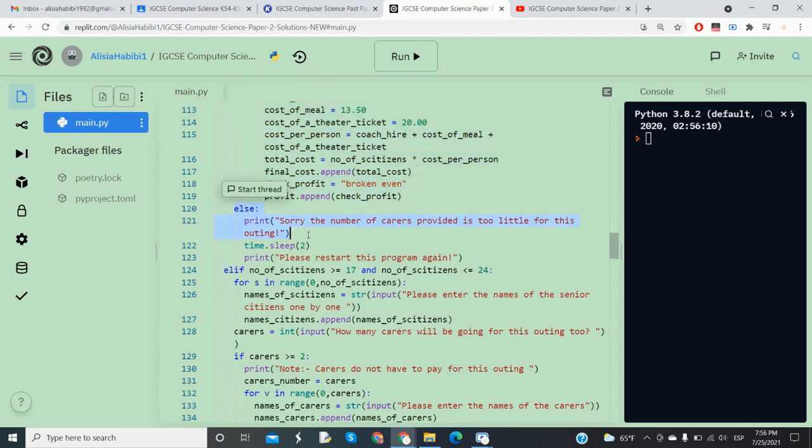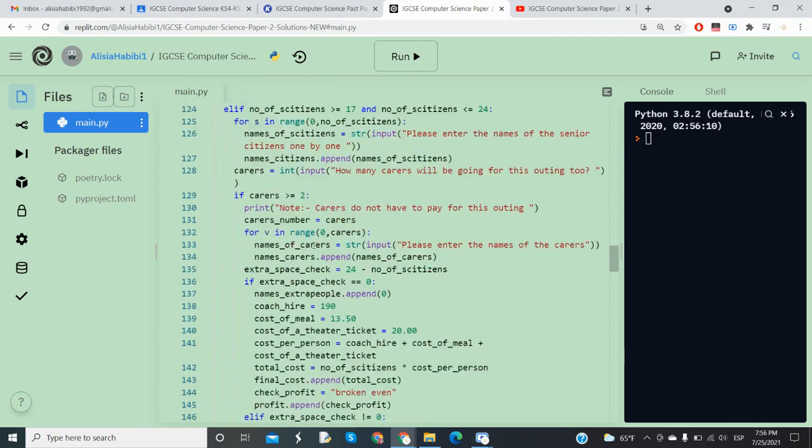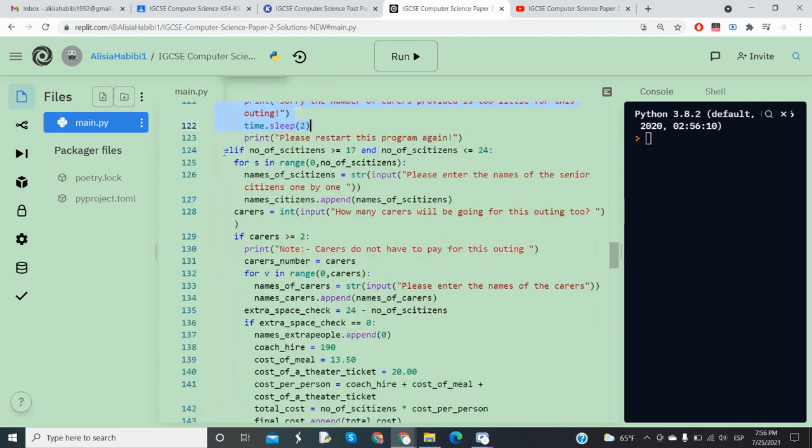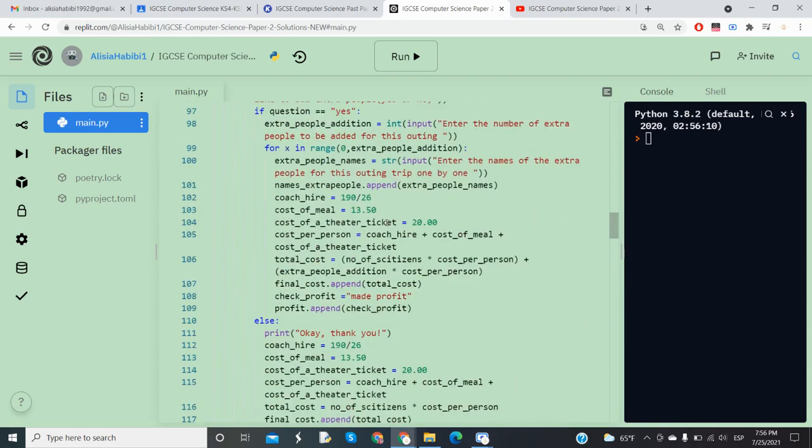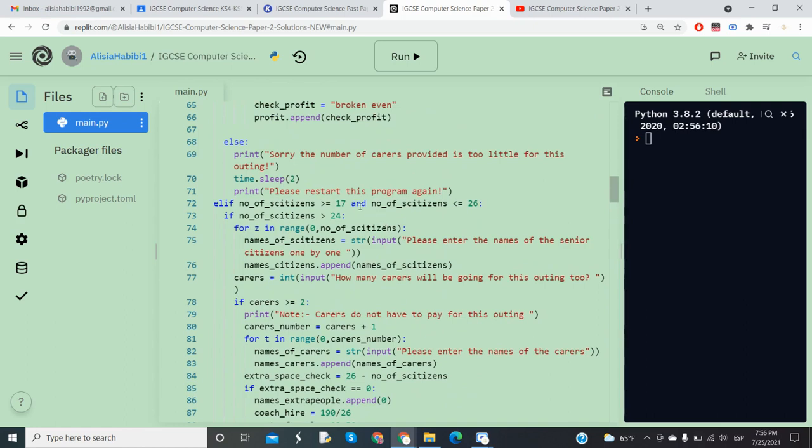And the else statement, of course, handles it if they enter anything less than 2. And this also happens for the 17 to 24 range. If the number of citizens is greater than or equal to 17 and less than or equal to 24, so if it falls within this range, because initially it was greater than or equal to 17 and less than or equal to 26, but we had to check if it was greater than 24.